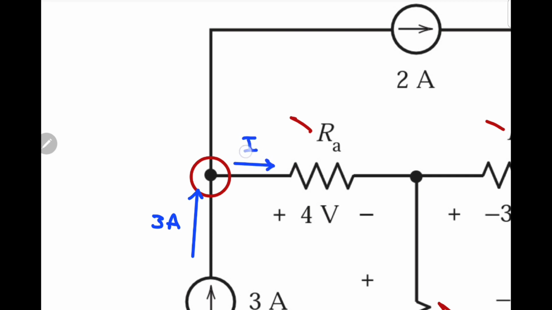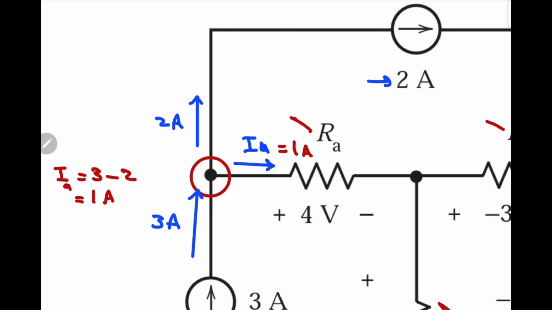One, we will call IA, and the other current is just 2 ampere. So the current IA is simply equal to 3 minus 2, which is 1 ampere.